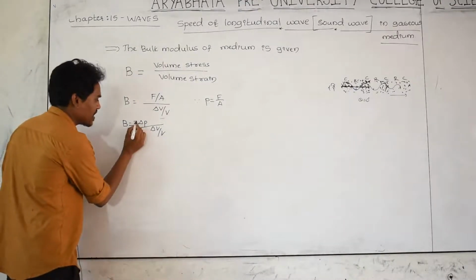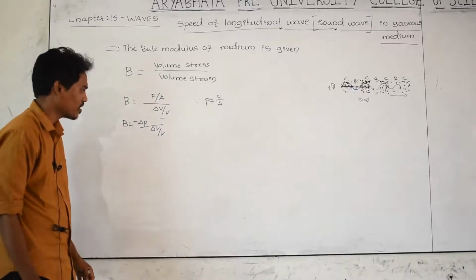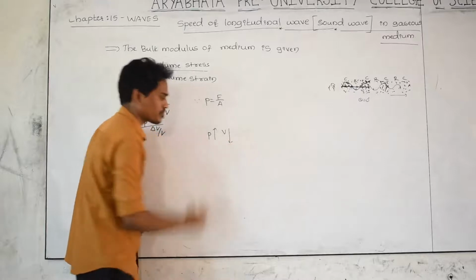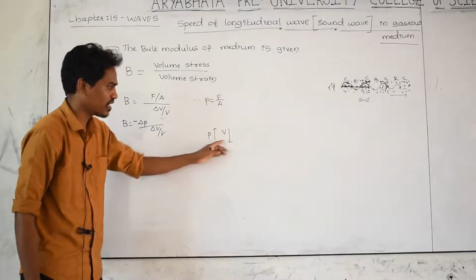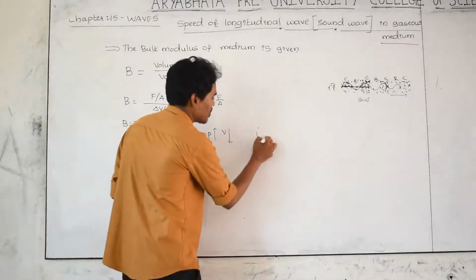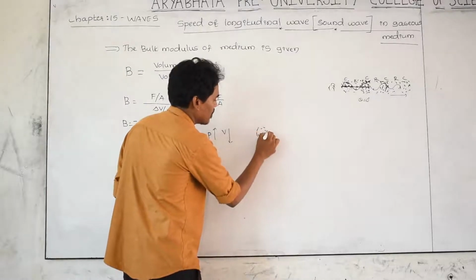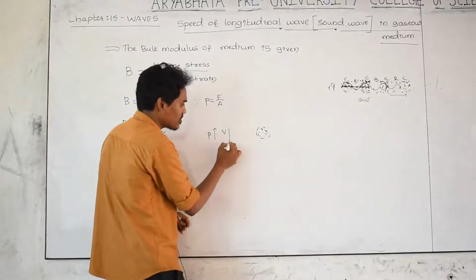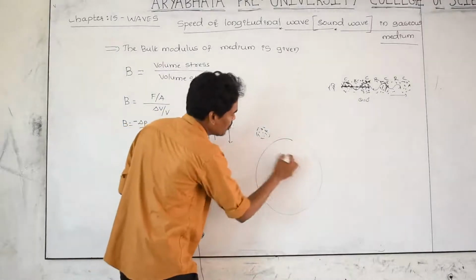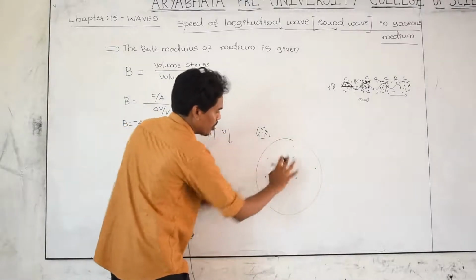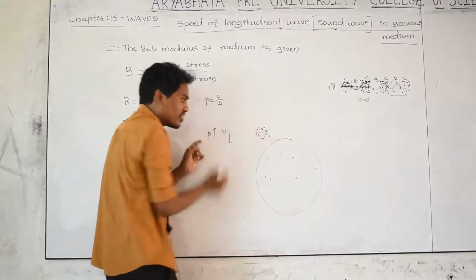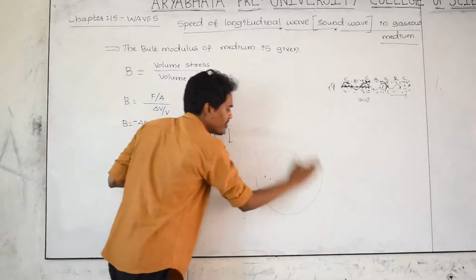And I am taking a minus sign. What is the minus sign? More the pressure, the volume decreases. Let us take these are air particles. Here more the pressure, volume is less; more the volume, lesser is the pressure. What is the relation between pressure and volume?